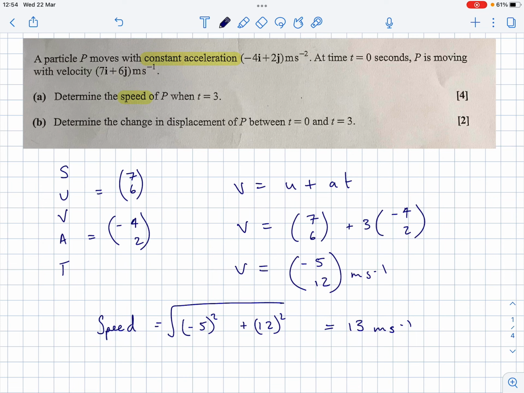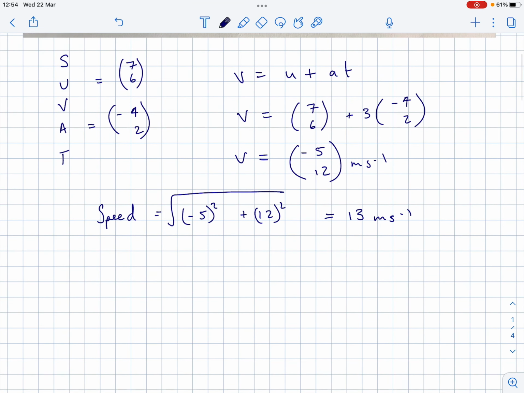Okay, so that means that I need to know how far it's moved from its initial point between t equals 0 and 3. So I think I've got enough information here to go on and use the easiest displacement formula, because I know that at time equals 0 its initial velocity is this. We've just found that its final velocity is this.